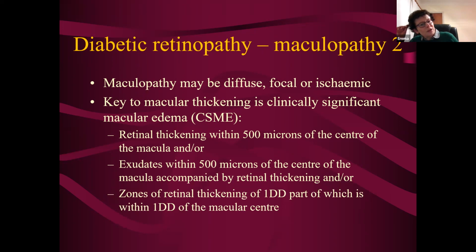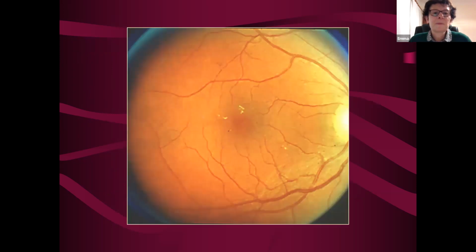You're not just treating exudate, or zones of retinal thickening of 1 disc diameter, part of which is within 1 disc diameter of the macular center. And of course, OCT has made that so much easier for us, because we can look at the pictures, the green, red and blue pictures, and see exactly where we are.